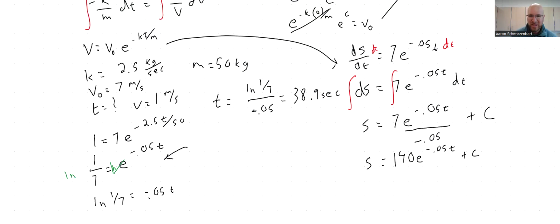I can assume that s is 0 when t is 0. So to solve for my initial condition, negative 0.05 times 0 is 0, and e to the 0 is 1. So I've got 0 equals negative 140 plus c, meaning c is 140.